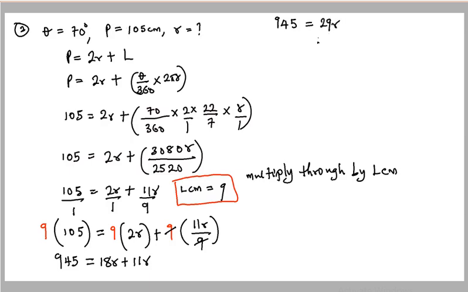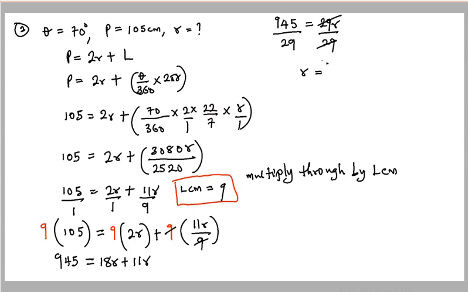To get my r, I'll divide both sides by 29. That 29 will cancel out, leaving us with r. So r is now equal to 945 divided by 29.